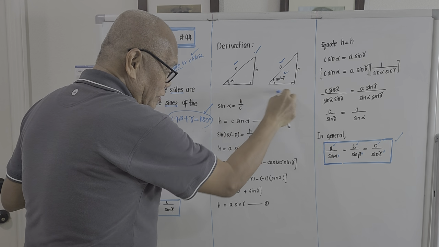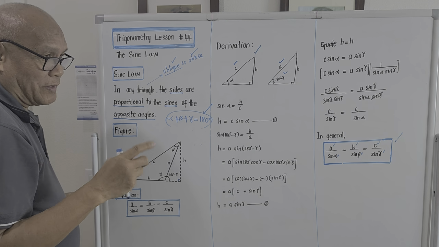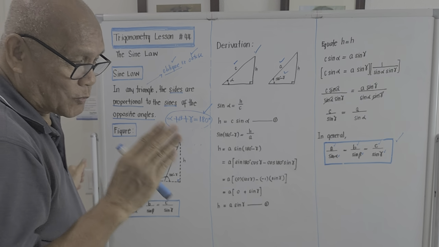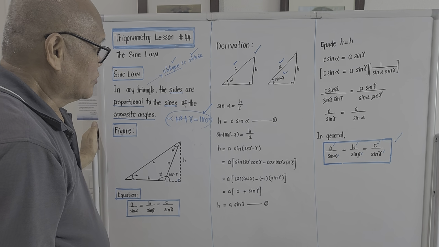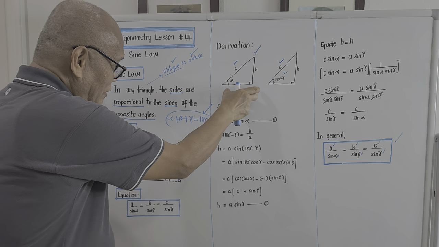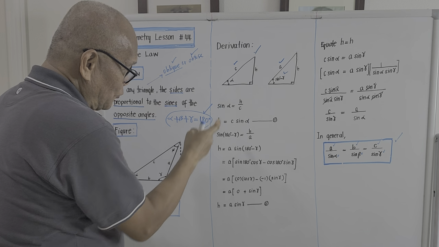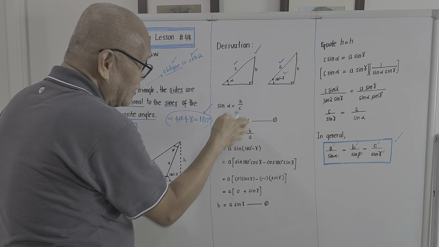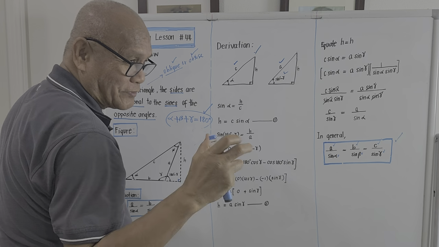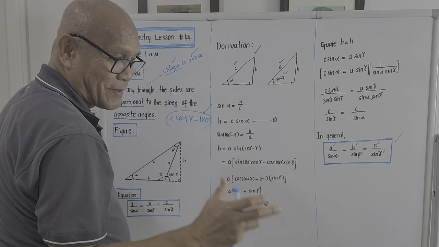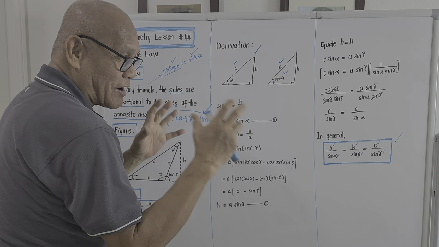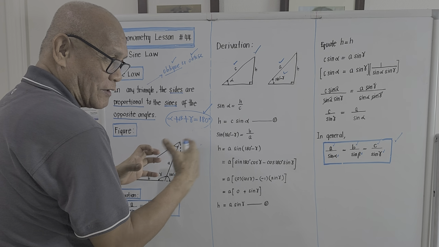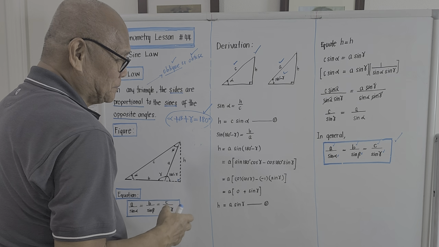And from these resulting right triangles, we will be formulating an equation in which to derive the so-called sine law. So from the first right triangle, if we try to take the sine of alpha, we are now talking right triangle here, but we are on the topic oblique triangle. It is just that we brought out right triangles from the oblique triangles, right?